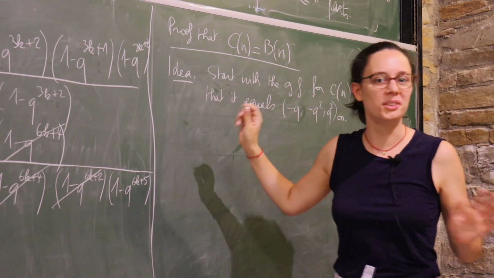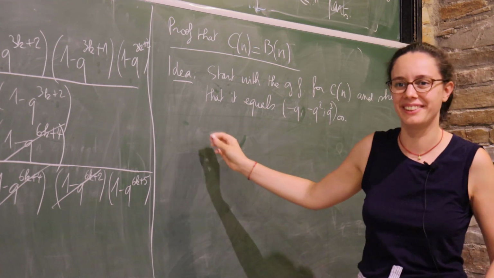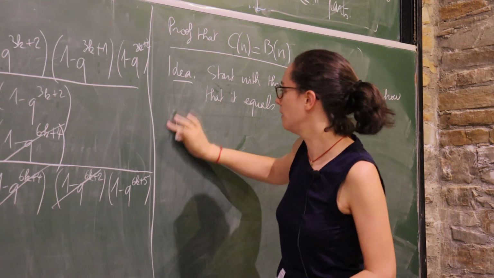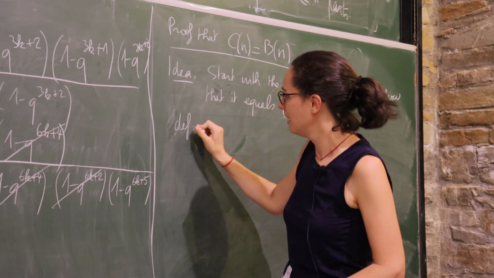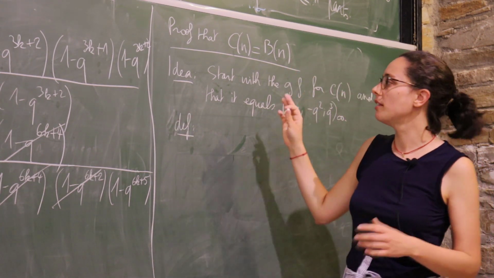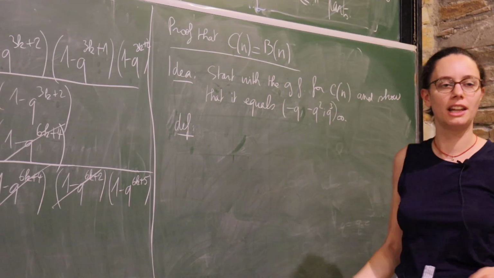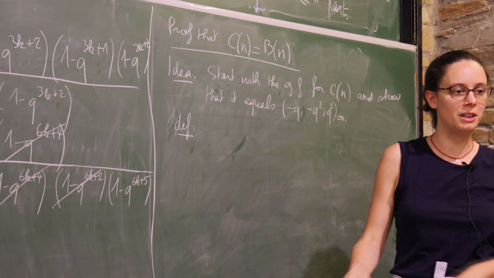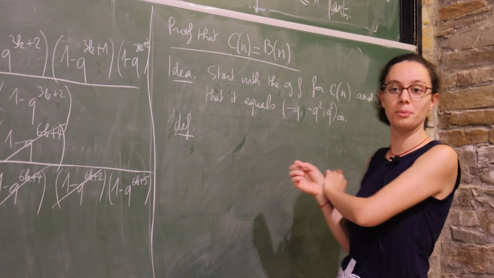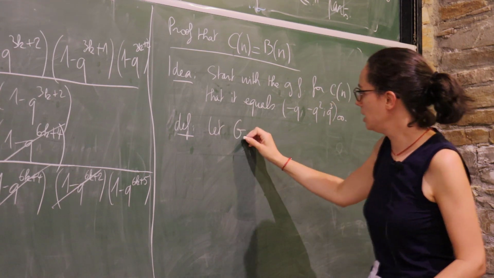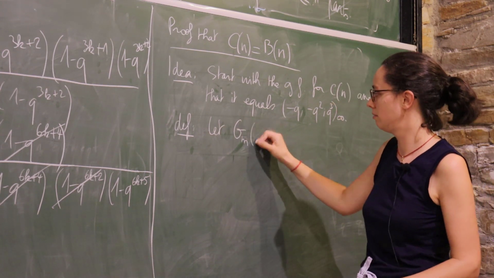I will introduce a few more notations before doing that. So let's start with a definition. Instead of just computing the generating function for C of n, we will add one more parameter, which will count the largest part of your partition. I will call it G sub m of n.